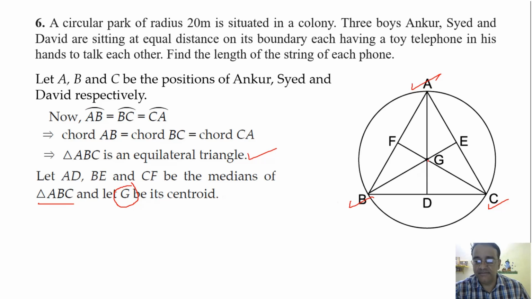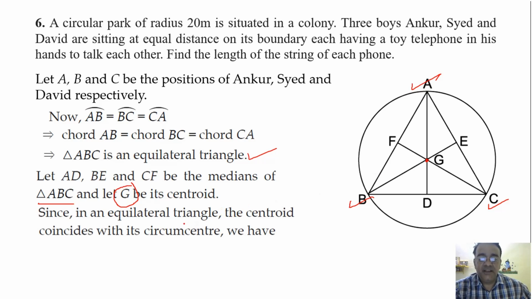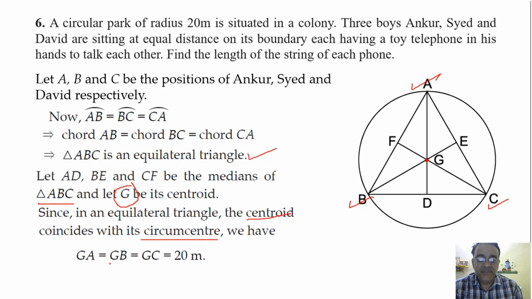G is the circumcenter, centroid, orthocenter and also the incenter. This is the property of an equilateral triangle. Now since in an equilateral triangle the centroid coincides with the circumcenter, we have GA equals GB equals GC equals 20 meter radius. Already it is given 20 meter.